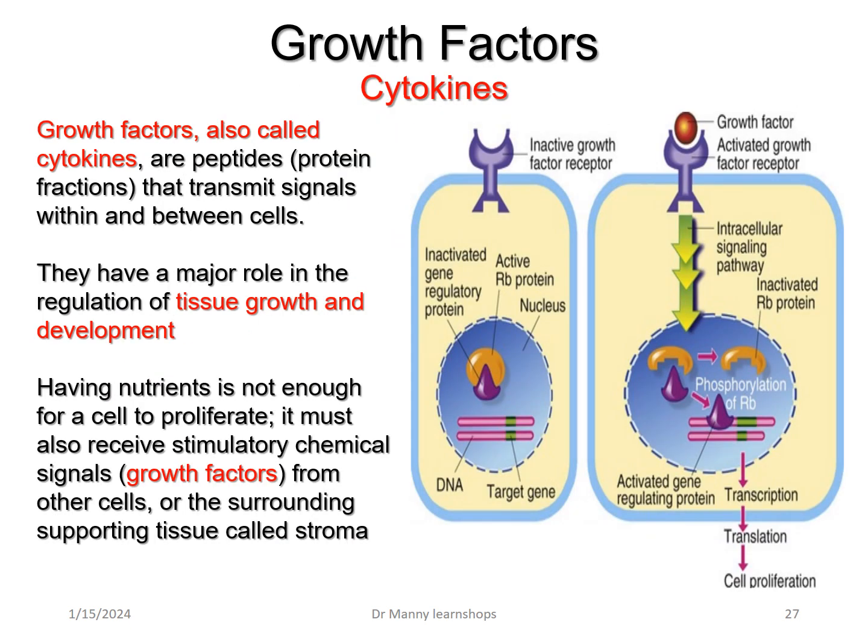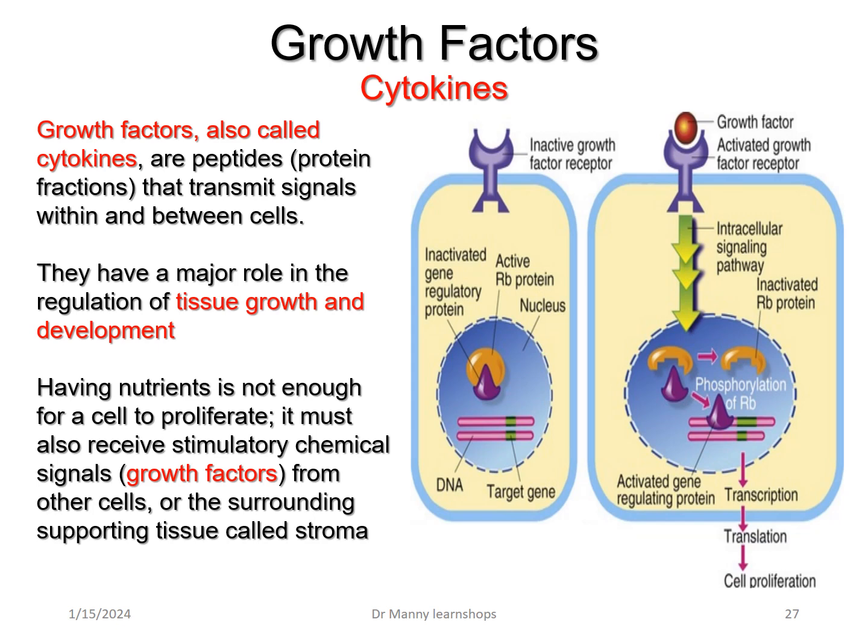Now, there are certain growth factors that are essential to cellular replication, and these are the cytokines. Growth factors are also called cytokines, and these are peptides that transmit signals within and between cells. Their major role is tissue growth and development. Having nutrients is not enough for a cell to proliferate.